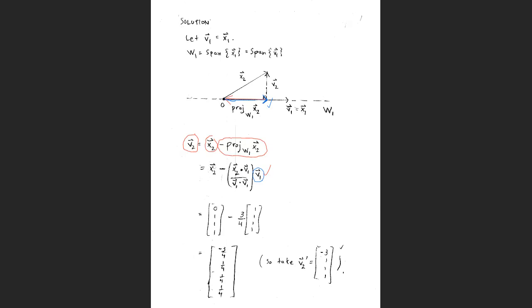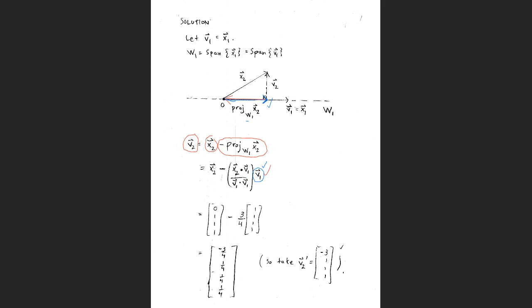Sometimes students get a little confused about what vector to put there, but the picture helps you a lot. The projection of x2 onto the subspace W1 is a multiple of the V1 vector. You can see it based on the picture.